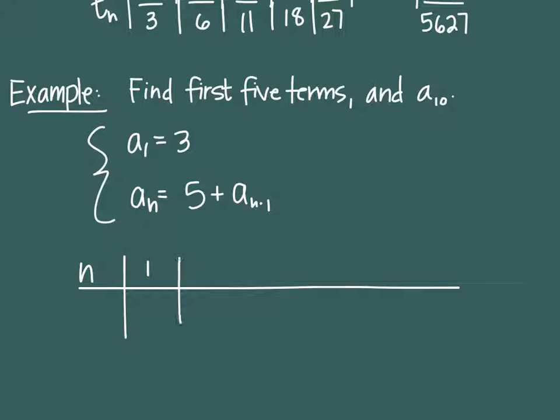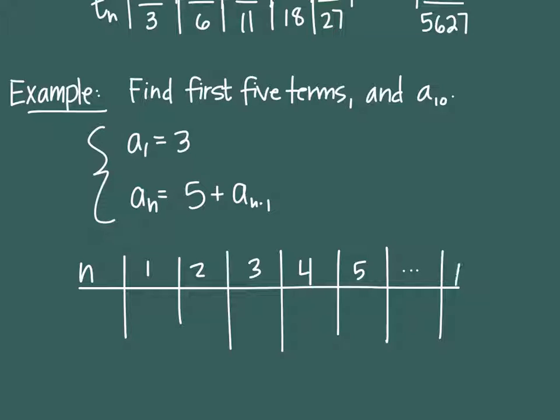So 1, 2, 3, 4, 5, dot, dot, dot, up to the 10th. What we know is that the sequence starts with the number 3.